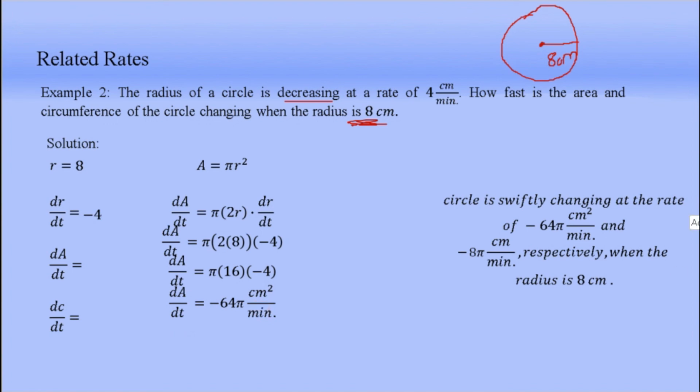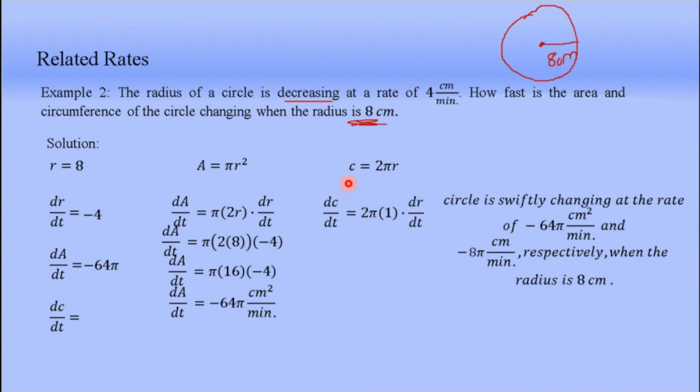And now we're going to find how the circumference of the circle is changing when the radius is 8 centimeters. The formula for circumference is 2 pi r. So we're going to find the derivative of each thing.